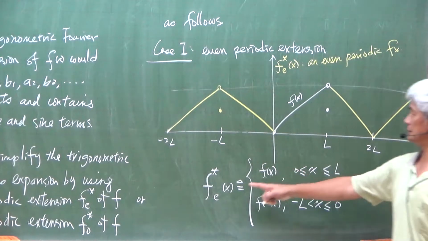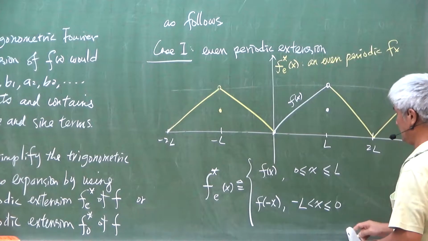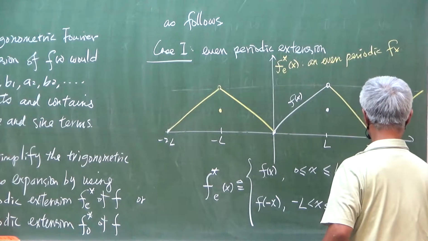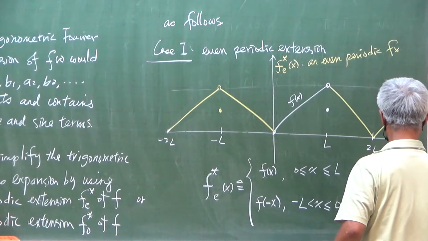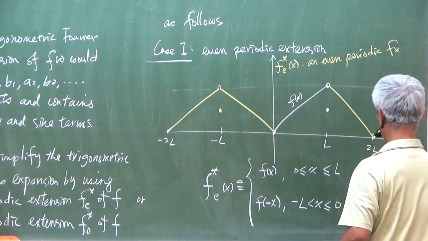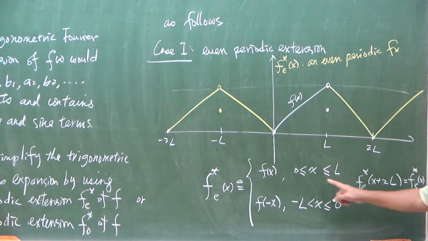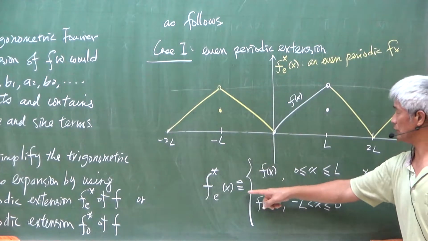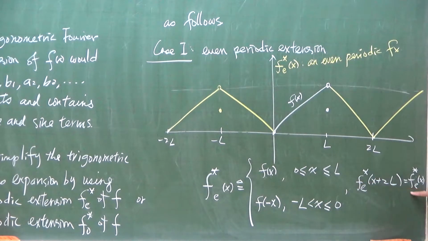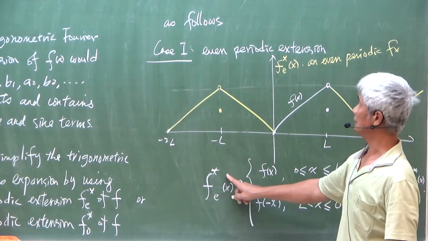All right. So by this definition, we define this periodic function within one period of 2L, right? And then we repeat in the other periods. So this is the definition of the function.